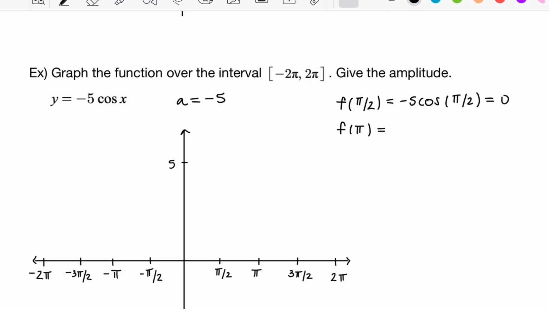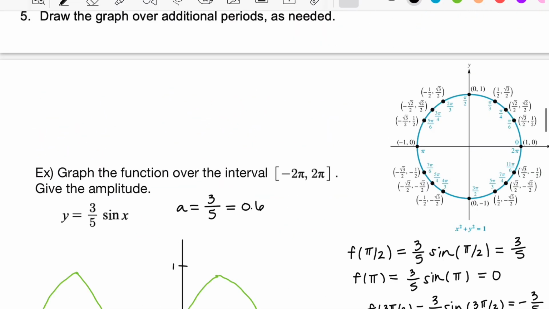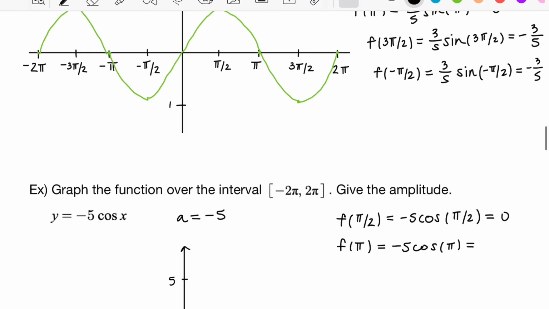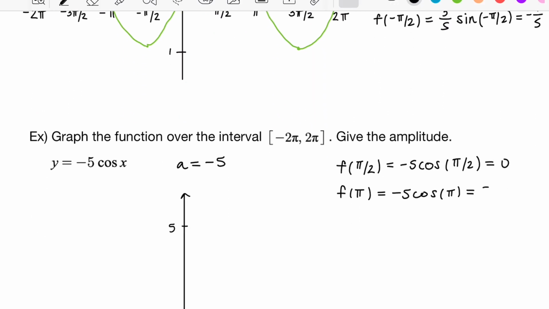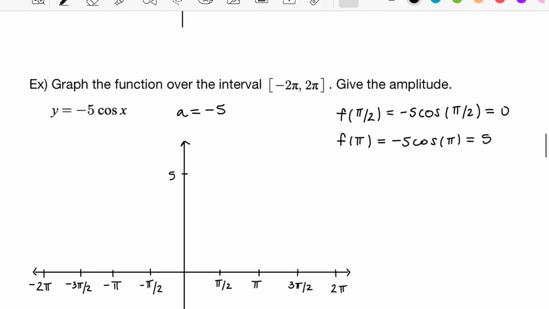Doing the same thing for this point here, pi, we have minus 5 cosine of pi. Cosine of pi is going to be 1. Sorry, minus 1. So in this case, we will get positive 5 here.